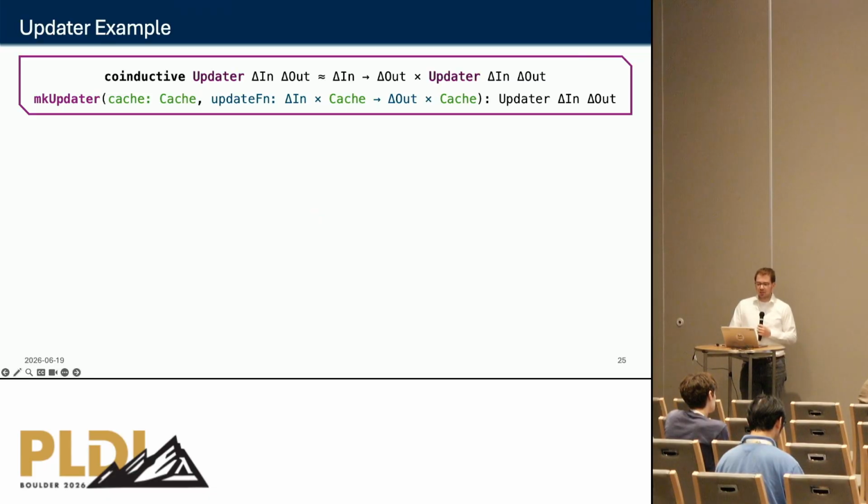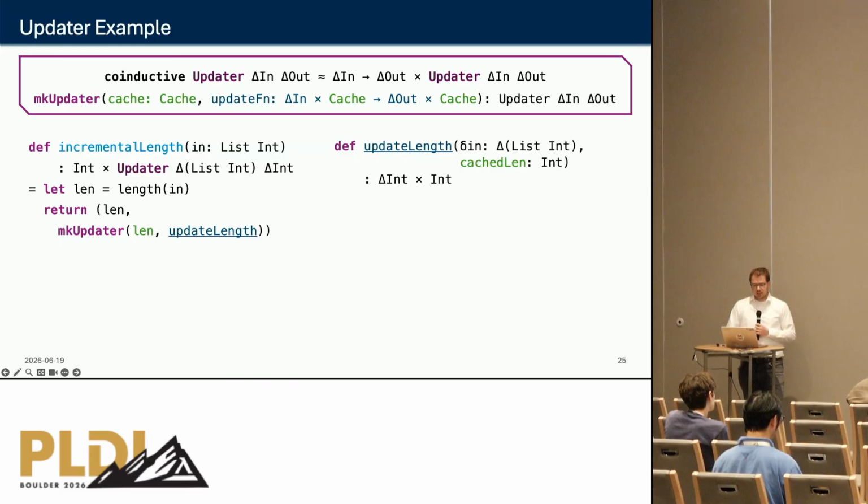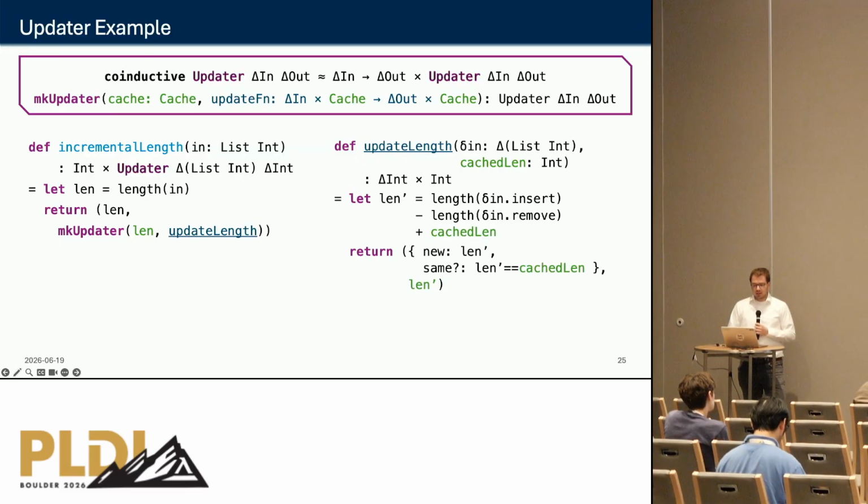As a concrete example, let's consider the incremental version of the length function for a list. So this function returns the length of the list, and it constructs an updater whose cache is the length using the makeUpdater construct. The update function accepts an input change and the cached list length, and the new length is just the cached length plus the number of inserted elements minus the number of removed elements.